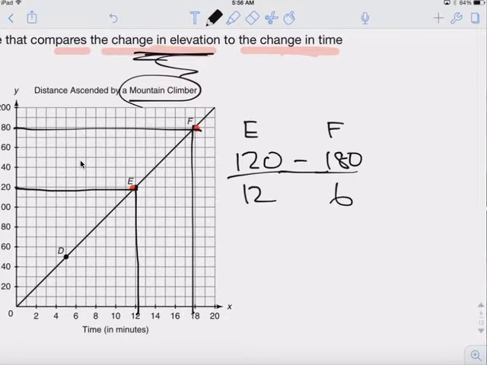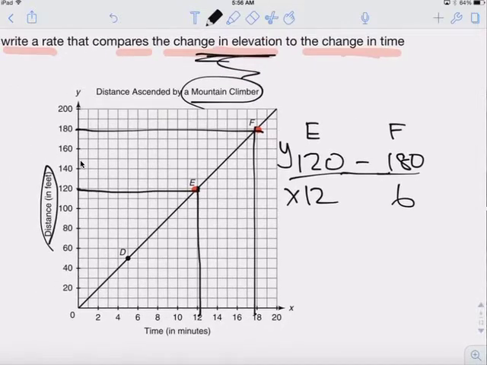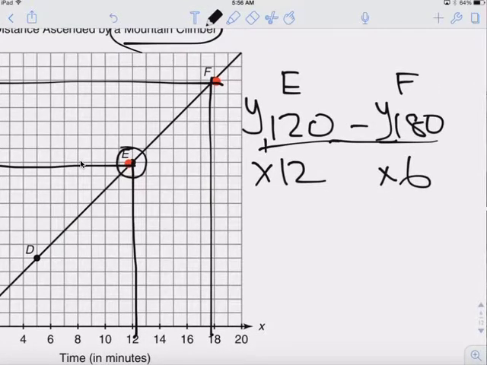So distance over time, or the change in y over x. Because this is our first point, they call that x1, y1, and this is our second point, x2, y2.